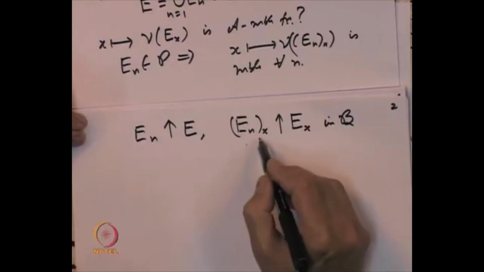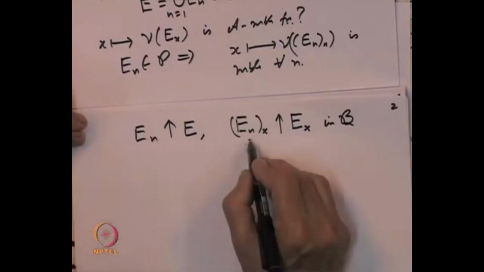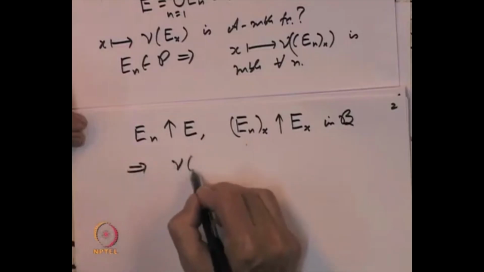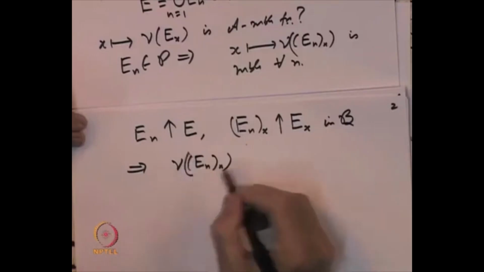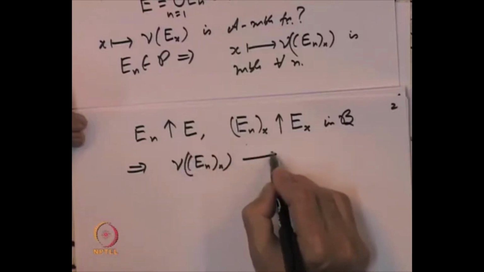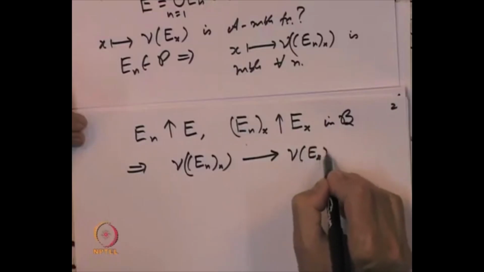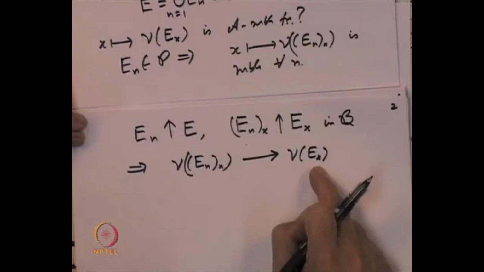Okay. So, E_n at x is increasing, and now recall that nu being a measure, if a sequence of sets increases to another set, that implies that nu of the sections E_n at x will increase and converge to nu of E_x. So, that proves that nu of E_n at x increases.